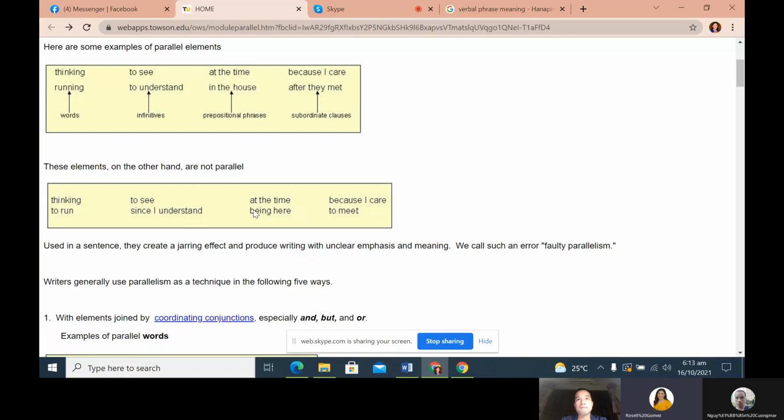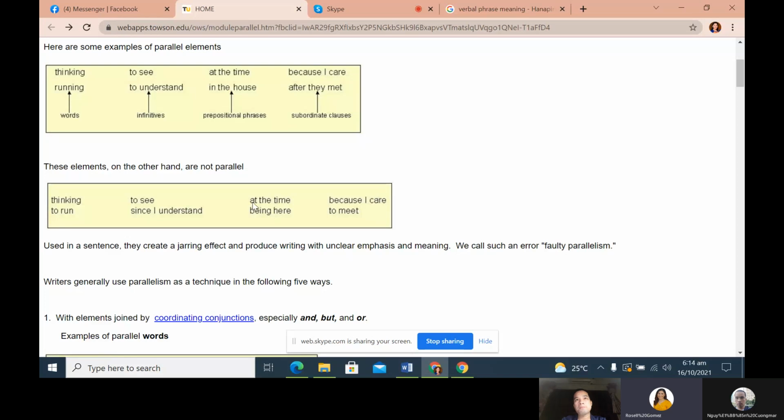What about this pair? At the time, at the time we proceeded, and being in here. Is that also the same? No, it's a verb phrase. Being is a be verb, so this is now a verb phrase. This is not a prepositional phrase.